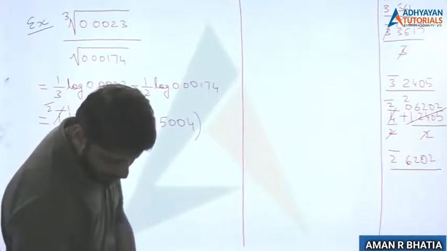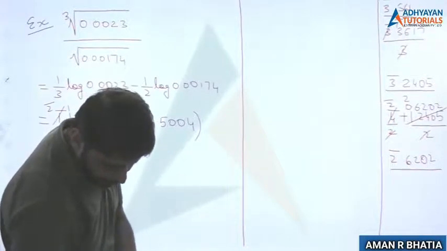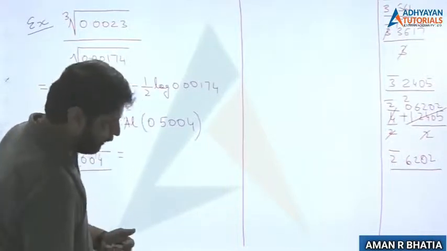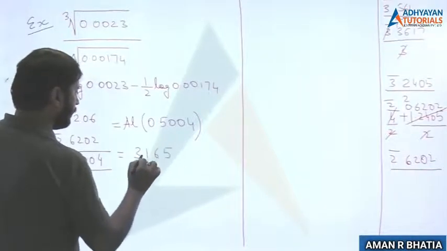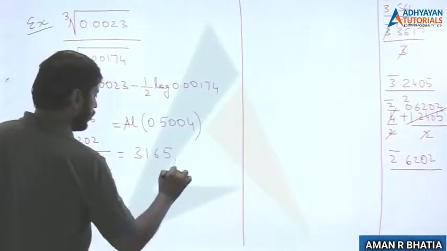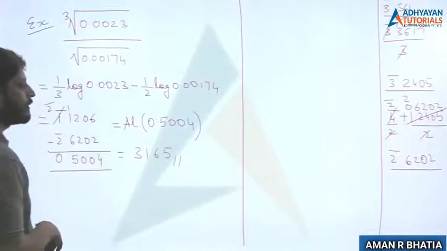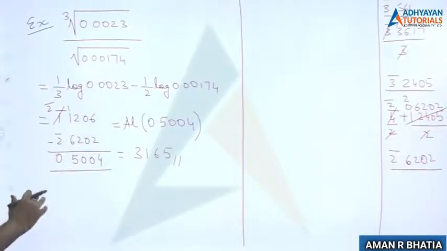So 3165. So I'll put a decimal after the first one. So your answer is 3.165. This is going to be my answer for this particular question.